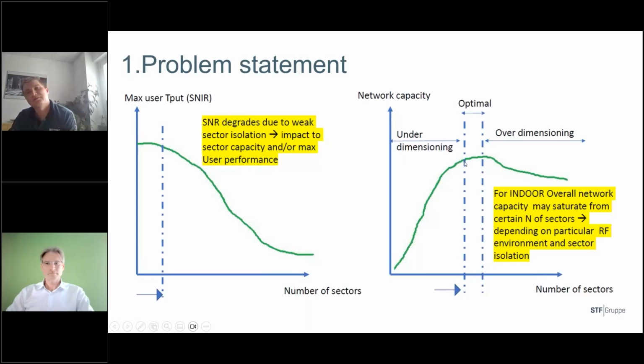And at some point, you will be on the peak. If you're not aware that there would be a peak here, and you would continue adding cells for your, let's say, imaginary stadium, you may observe a very negative effect: network capacity would be now lower.